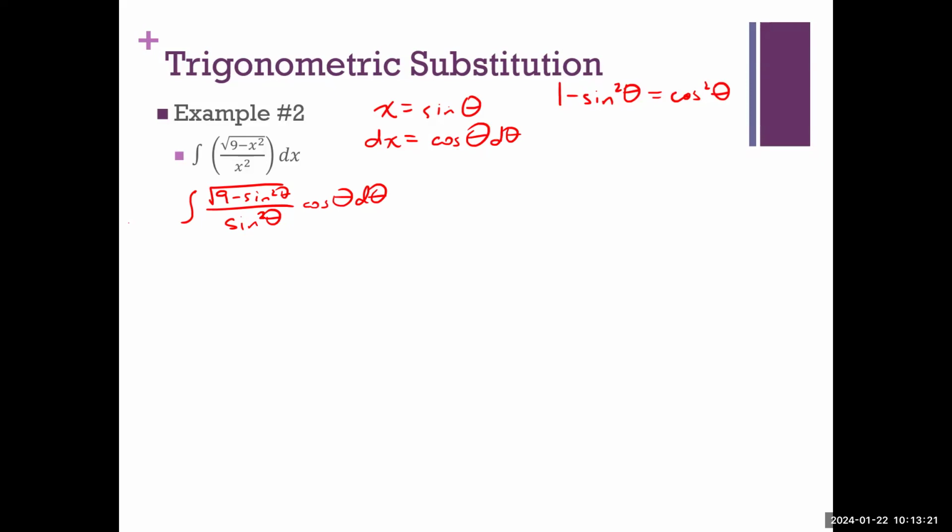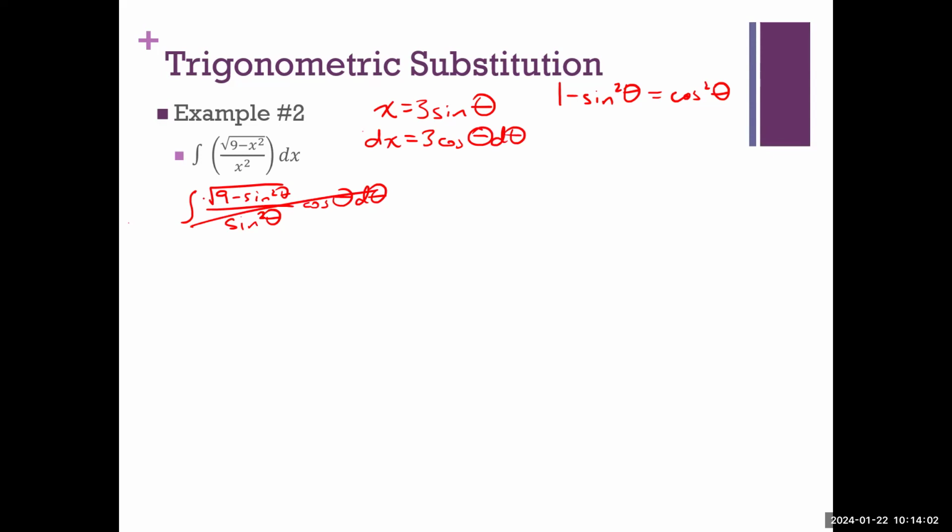So again, one of our major goals here is to get that expression under the radical into a form that can be reduced to a single term. I don't think that happens if we just have x equal to sine theta, right? There is no Pythagorean identity that allows us to deal with 9 minus sine squared theta. So if we make the change that was first suggested, x equal to 3 sine theta, then what's dx equal to? 3 cosine theta d theta.